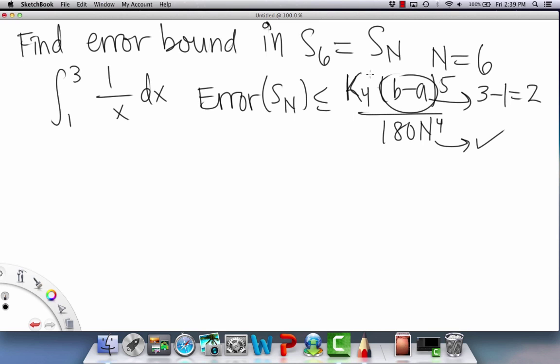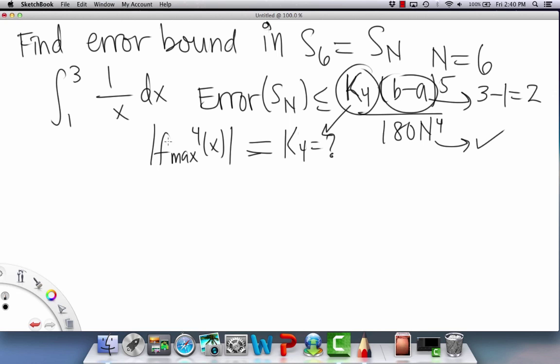What we don't know is K4. And this is typically going to be the problem. You don't know the K part. So we have to find, I like to write this as f max 4th derivative, because that reminds me this is the maximum value or magnitude of the 4th derivative from a to b, which is 1 to 3.